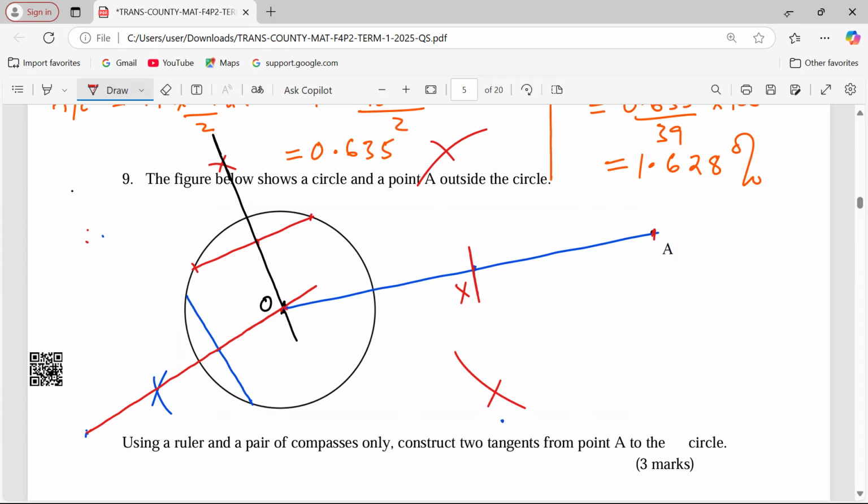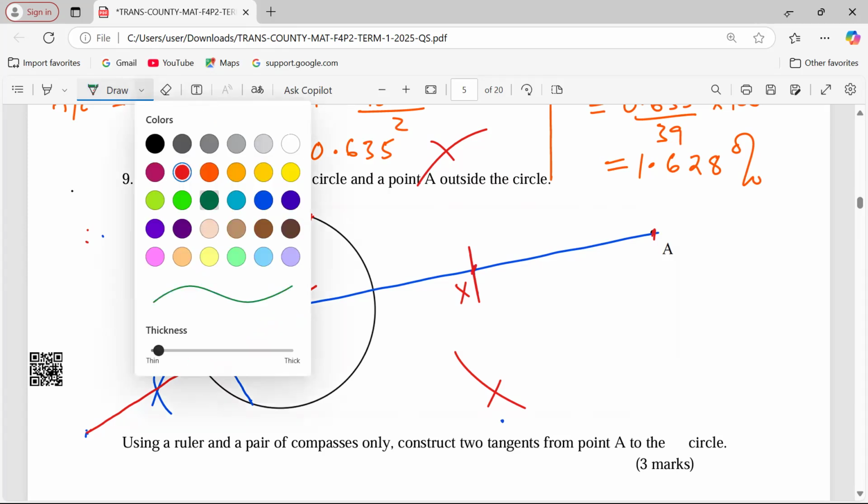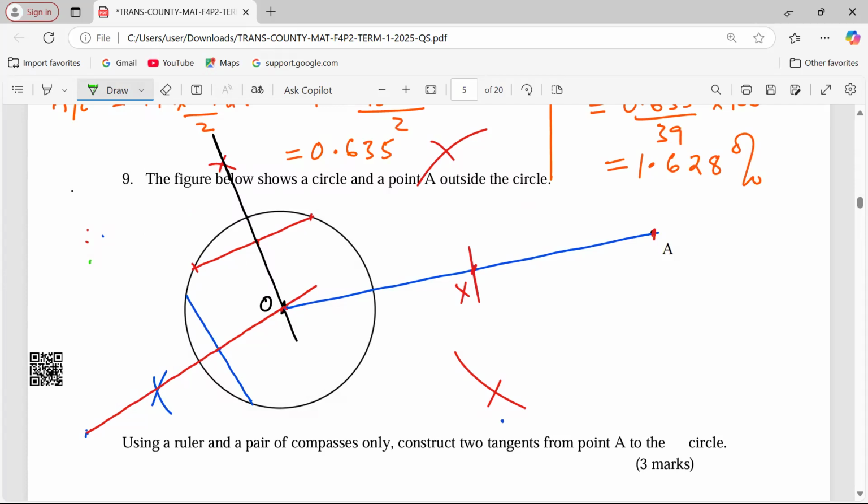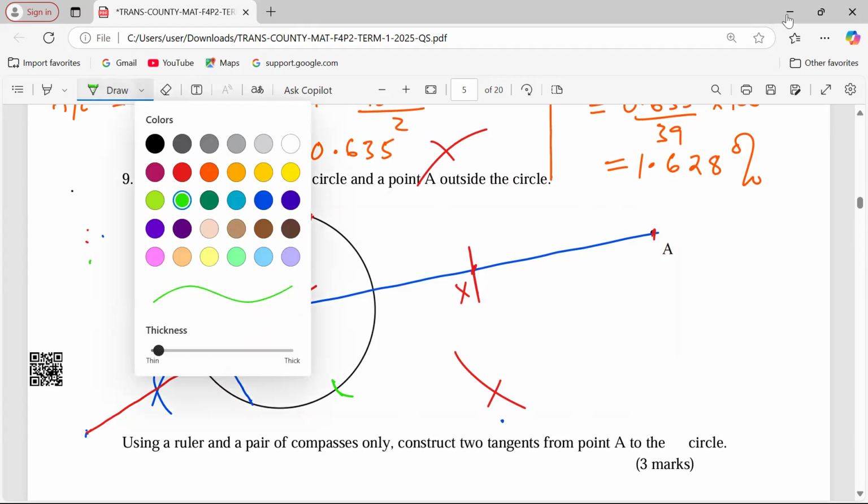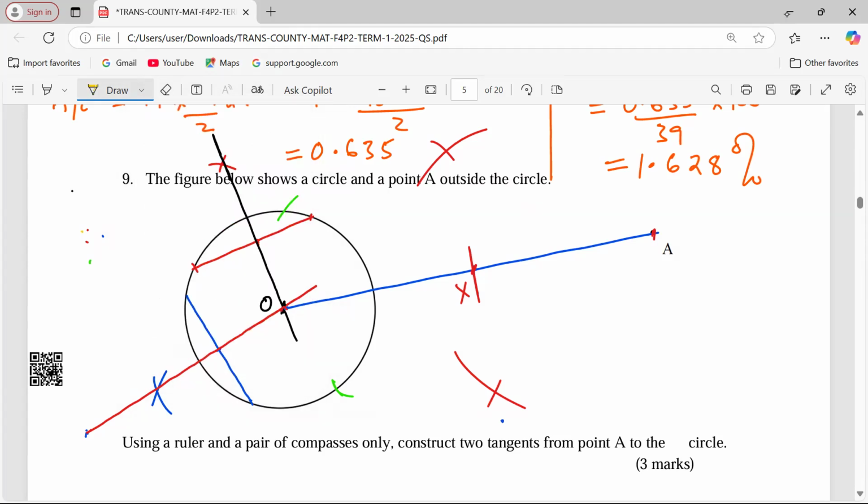Standing at X, you make a mark on the upper side, and you also make another arc on the lower side. Now, in case we connect point A to the arcs produced, we will get our tangents from point A to the circle.